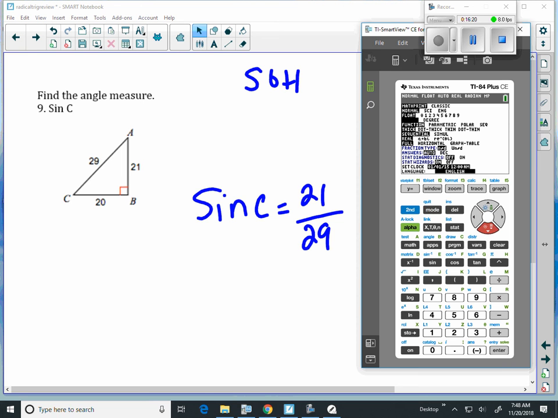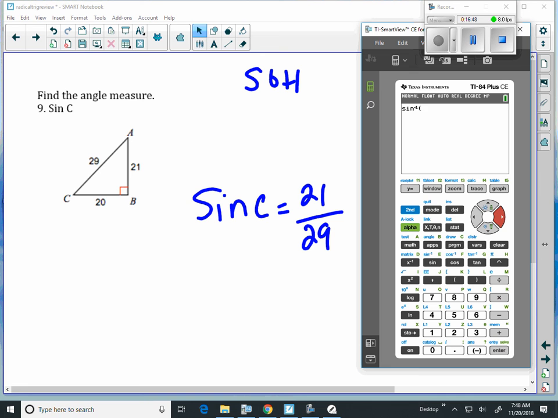So if yours is on radian, you need to go down, highlight degree, and press enter. Then degree should be dark now. If you don't do that, it's going to throw some things off. Once you're there, press second mode. It'll take you back to where you were at.